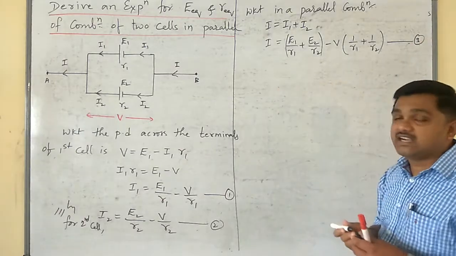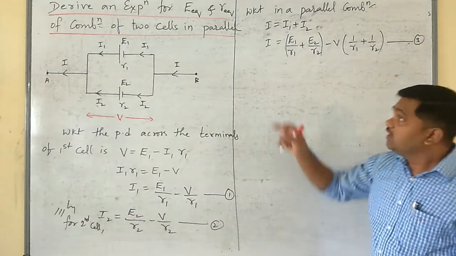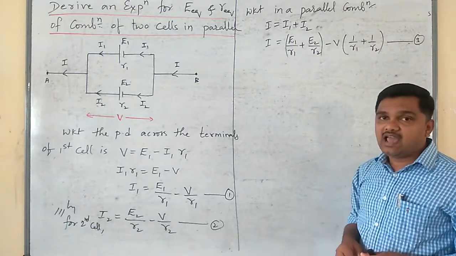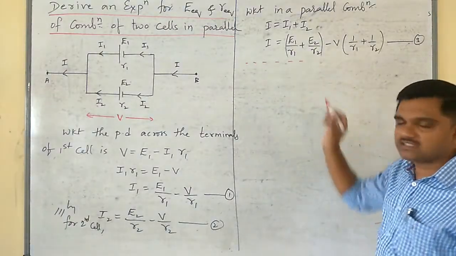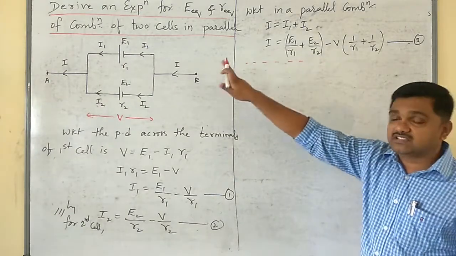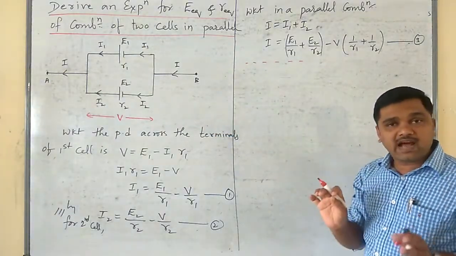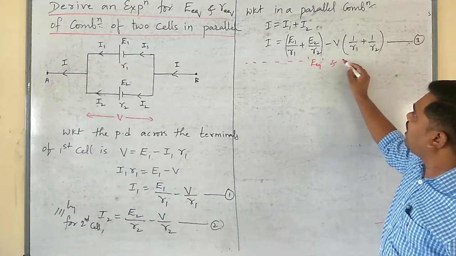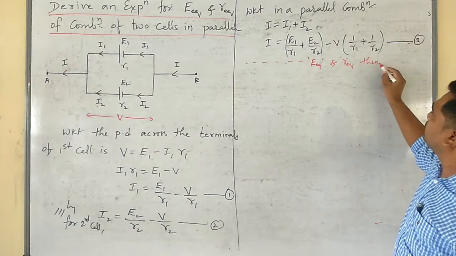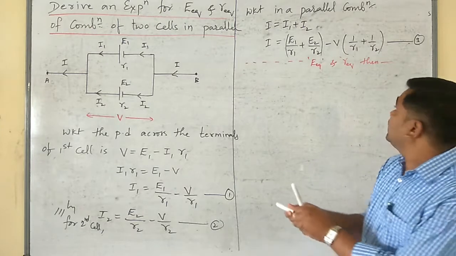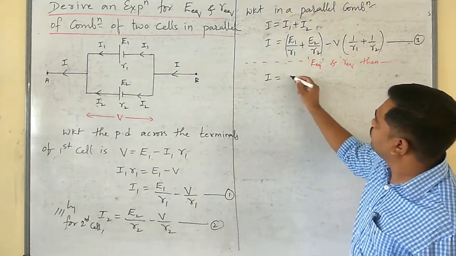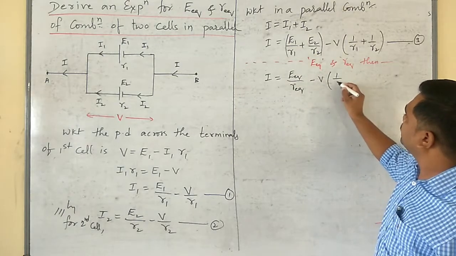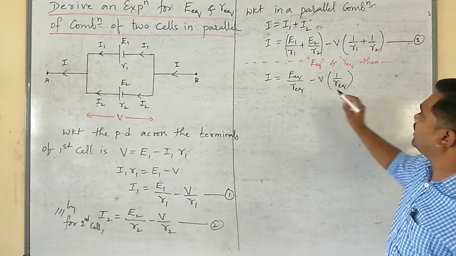Here you should write that sentence yourself: when this combination of two cells is replaced by a single cell having EMF E equivalent and internal resistance R equivalent, then equation 3 becomes I is equal to E equivalent divided by R equivalent minus V into 1 by R equivalent.